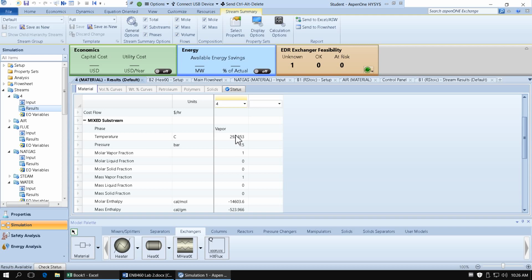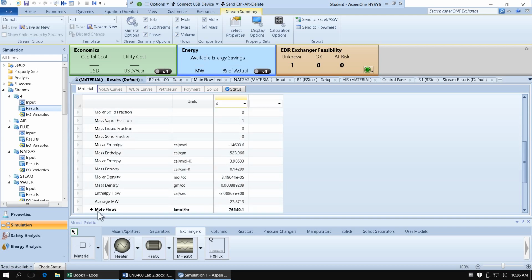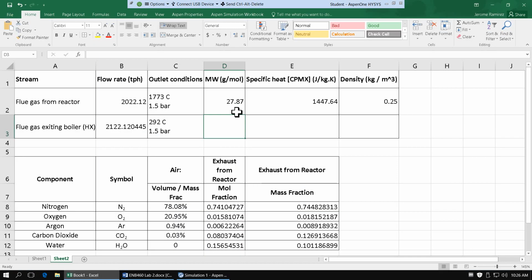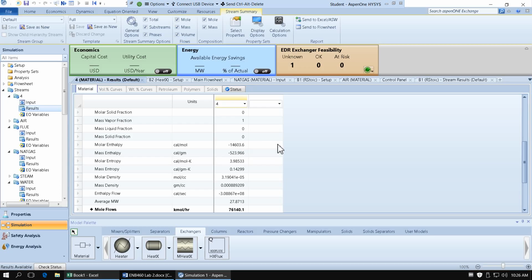And molecular weight, it's the same. And then density, again in kilograms per cubic meter.